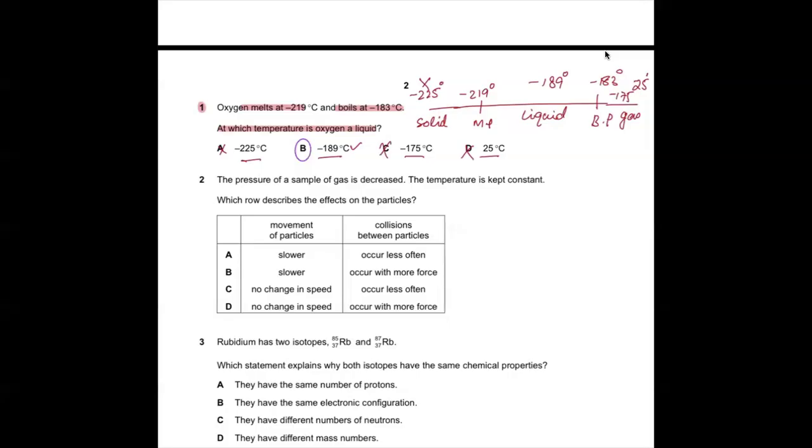Now, MCQ number 2. The pressure of a sample of a gas is decreased, and the temperature is kept constant. Which describes the effect on the particles? If the temperature is constant, does it affect the speed of the particles?